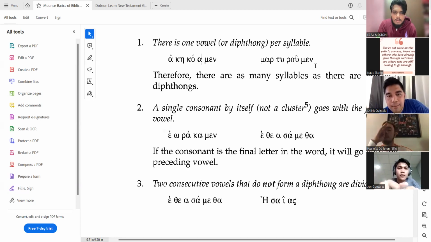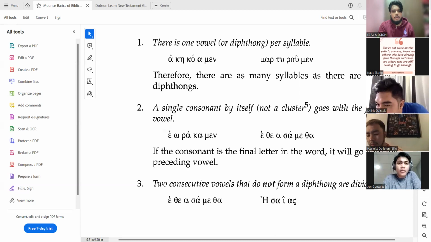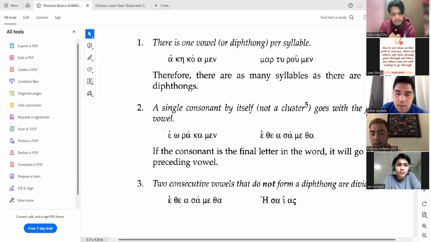The circumflex changes it. But if you keep reading marturomen, really I don't want to be very particular with something. What matters is you're able to read it and pronounce it as close as you can, whether you get the syllables or not. Okay.